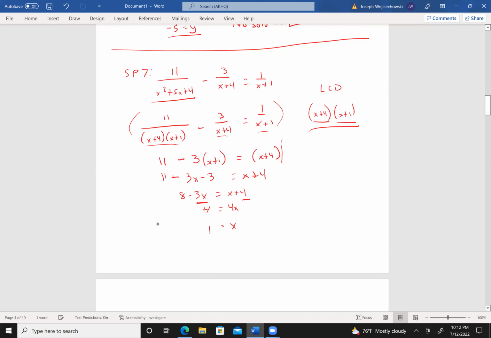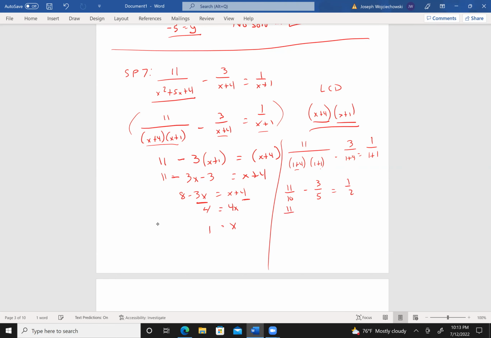Going back to my original equation, I'll have 11 over 1 plus 4 times 1 plus 1 minus 3 over 1 plus 4 equals 1 over 1 plus 1. So this is 5 times 2, so that's 11 over 10 minus 3 over 5 equals 1 over 2.